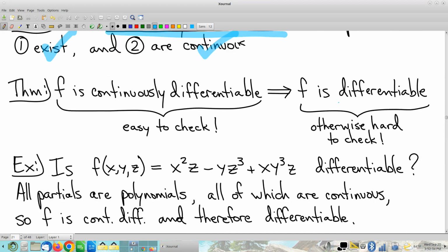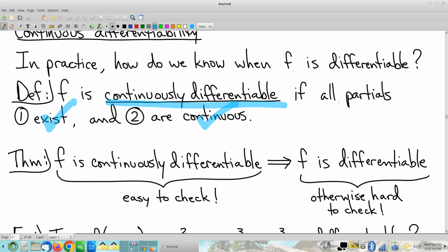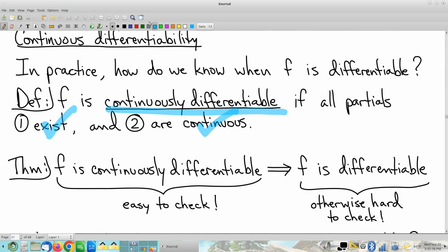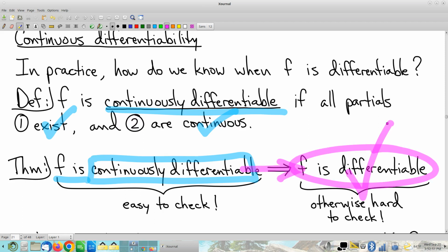Okay. So continuously differentiable is easy to write down, and furthermore, if a function is continuously differentiable, then we can immediately conclude that the function is differentiable, and we don't have to even touch all that business on the previous page about vanishing relative error and how we would confirm that it approaches 0.